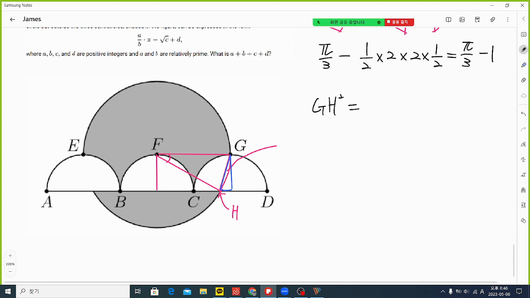So law of cosines means GH squared is FG squared plus FH squared minus twice their product times the cosine, and cosine 30 degrees is equal to square root of 3 over 2.